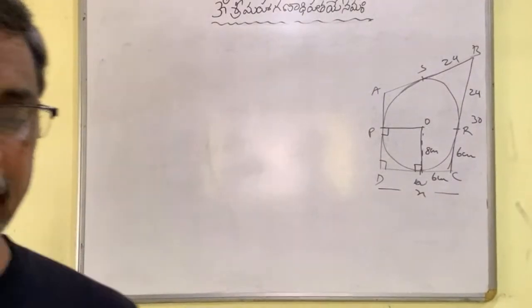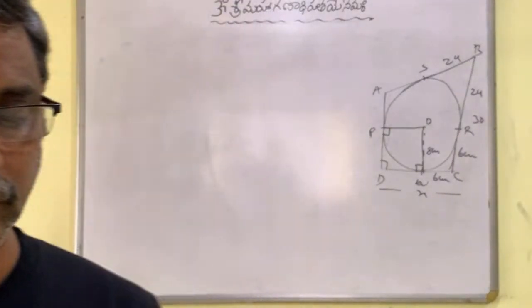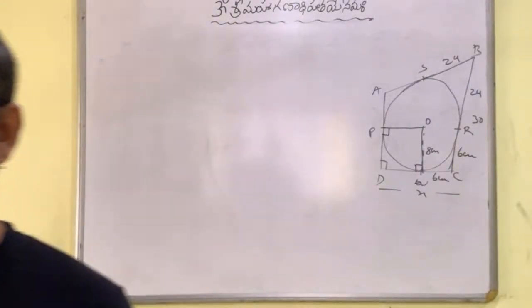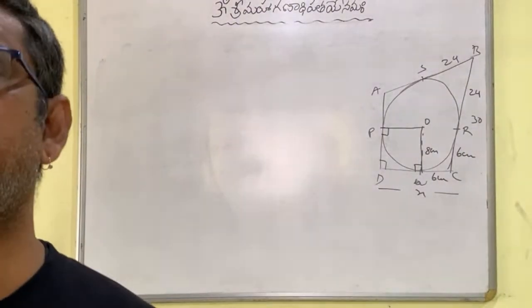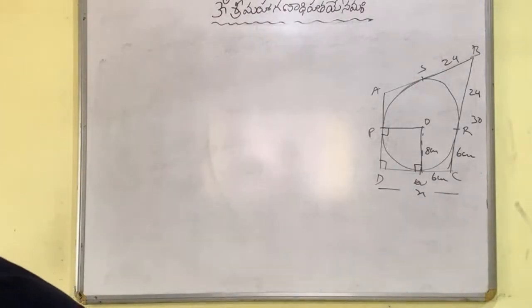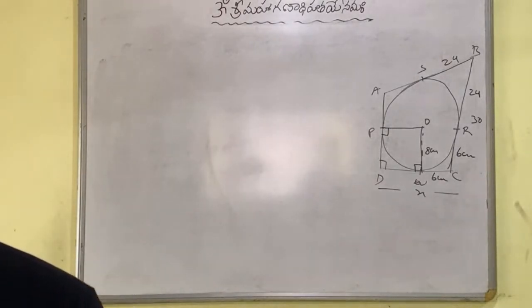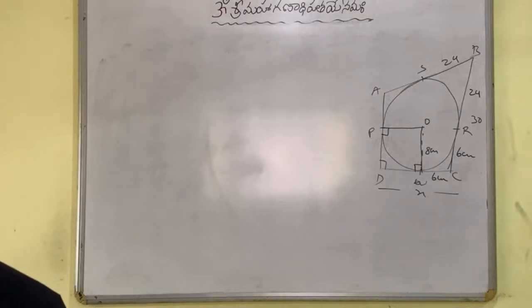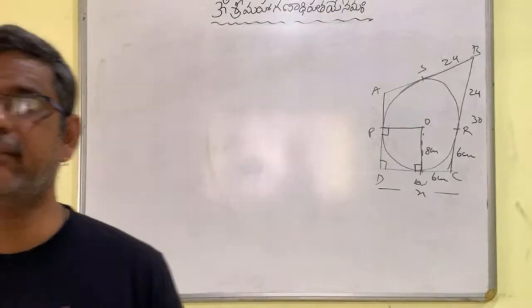I want the reason why they are 90 degrees. Why are angle OPD and OQD 90? This is my question and you are giving a different answer.